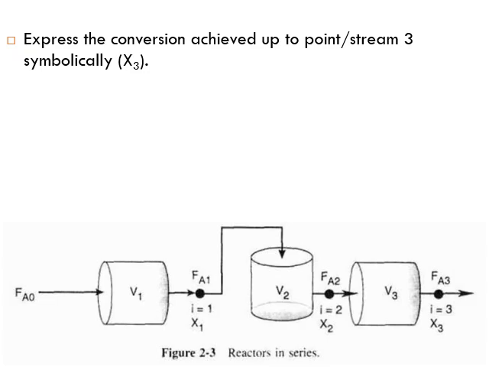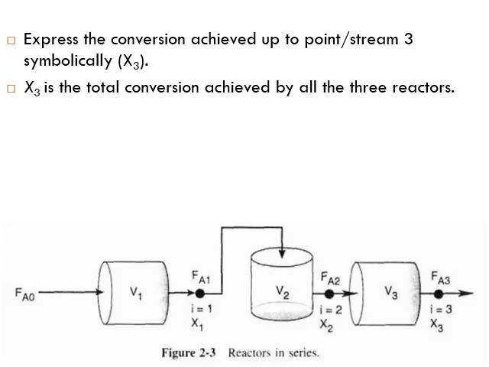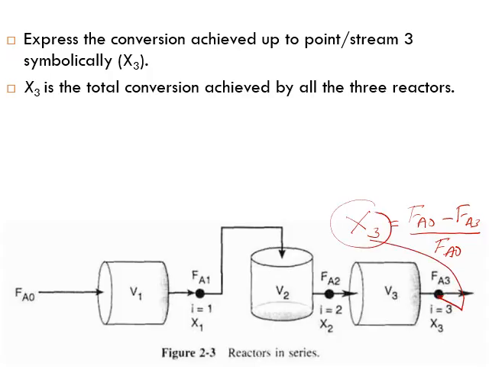Let's express the conversion achieved up to stream 3 symbolically, X3. Shabab, how do you write it? We write it as follows: X3 equals, it's always in comparison to FA0, FA0 minus FA3, divided by FA0. So this is X3 at point 3.